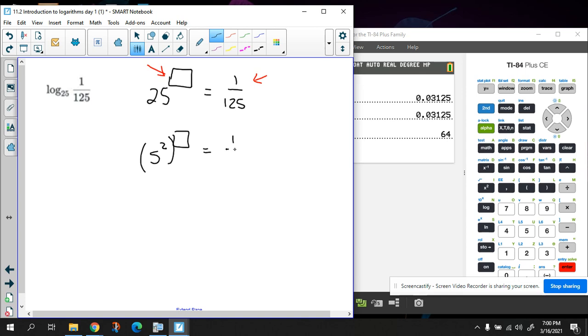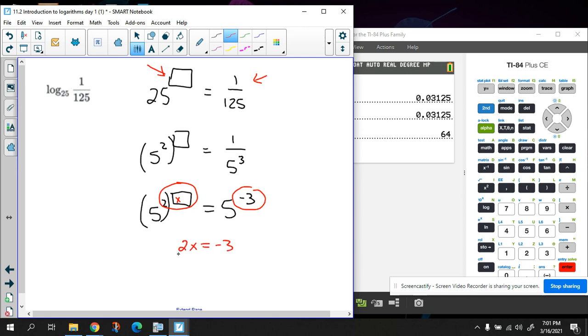And we can write 1 over 125 as 5 to the negative 3rd, the reciprocal of 5 cubed. So then I would do 5 squared to some power, and this says 5 to the negative 3rd. If the bases match, then these exponents have to match. So I'm going to put an x here. 2x is going to have to equal -3. Divide both sides by 2. X equals -3/2.